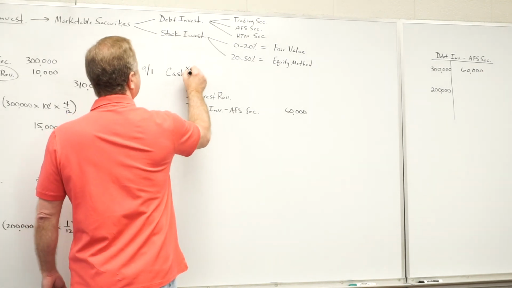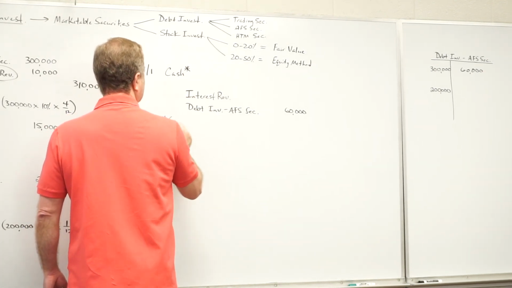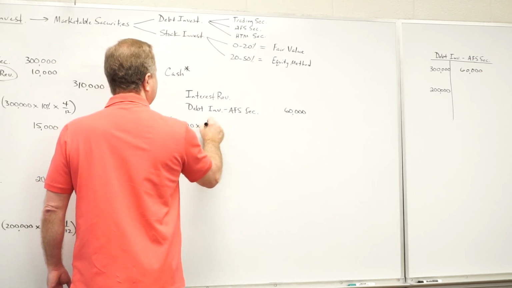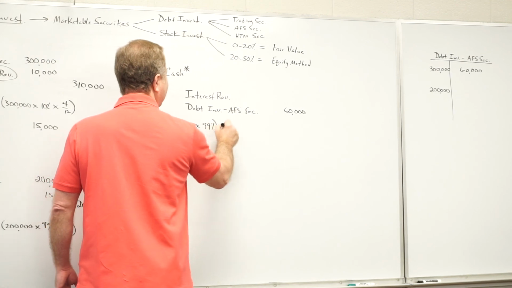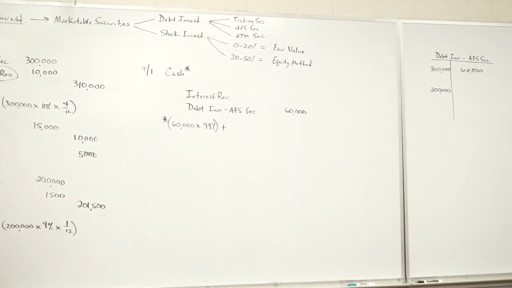Let's figure out how much cash we got. 60,000 times 99%. You sold them at only 99. You paid 100, but you sold them for 99, so you're going to have a loss.